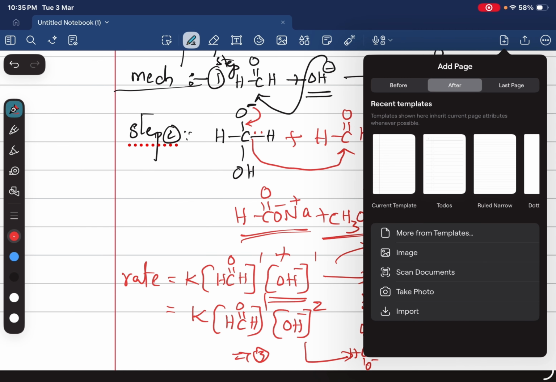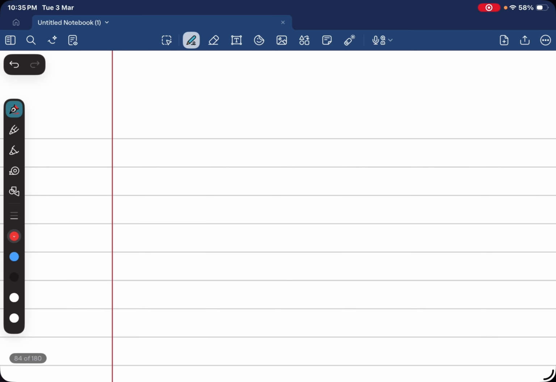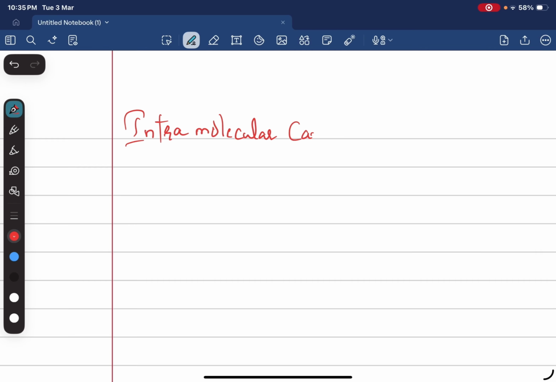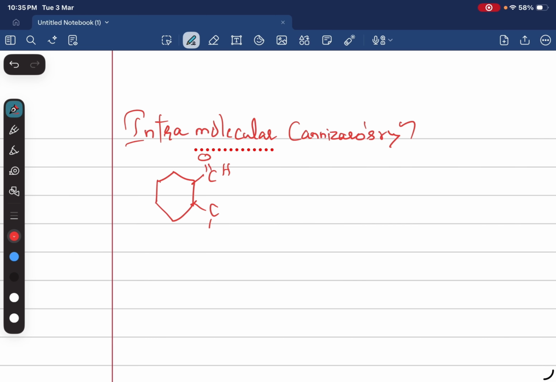Let's see the intramolecular Cannizzaro reaction. So here C double bond OH, C double bond OH.